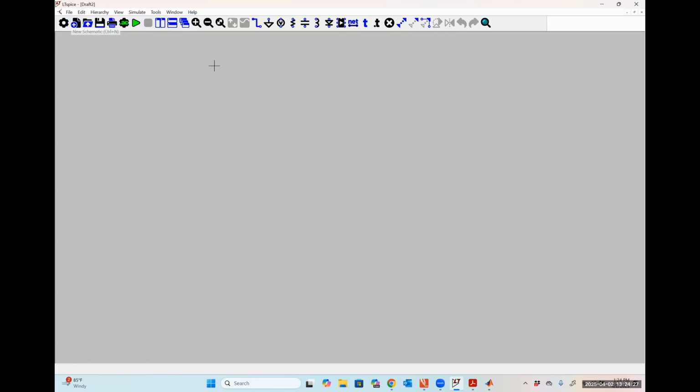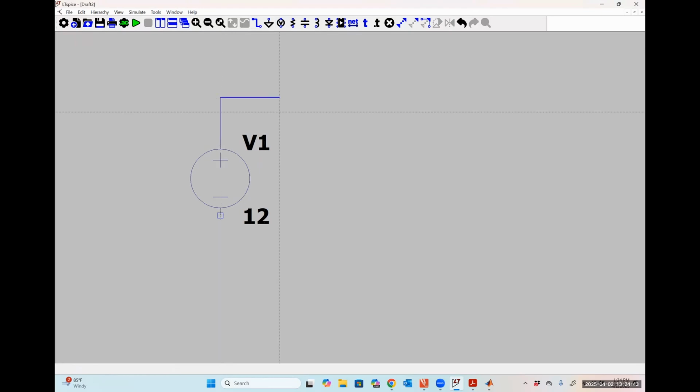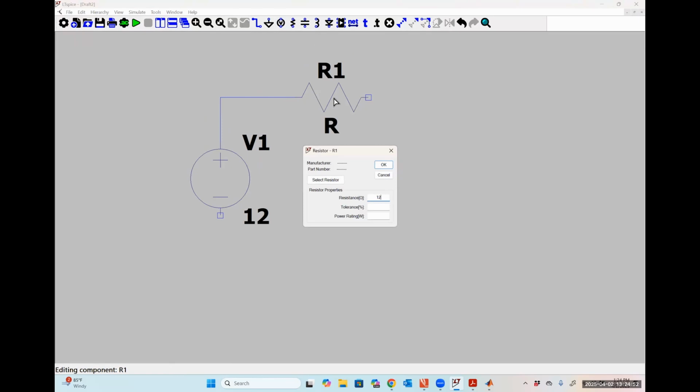All right, so let's see. I had a 12-volt source. Let me just move this thing out of the way. Then I had my resistor, which I would have brought a mouse. This was 12 as well.